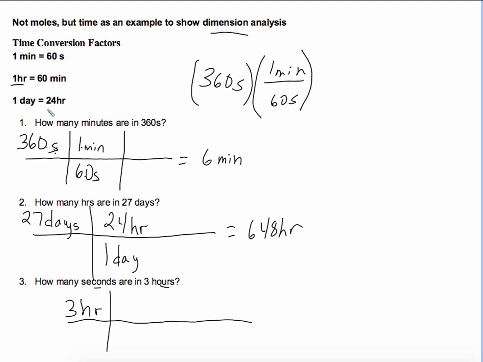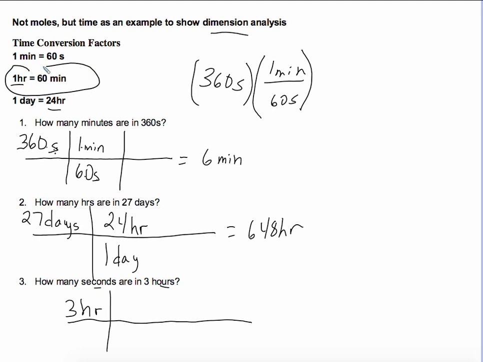So we look, and here we have an hour one here, and we have an hour one here. But we want to go to seconds. Unfortunately, there's no conversion factor that goes directly from hours to seconds. And this is where you got to use your brain and say, hey, I can't really convert hours to seconds in one step, but I could convert hours to minutes, and then I could convert minutes to seconds.